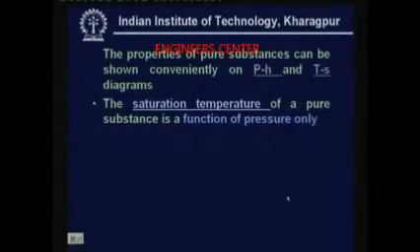The saturation temperature of a pure substance is a function of pressure only. So what do you mean by saturation temperature? Saturation temperature, for example, for a liquid vapor mixture can be defined as the temperature at which the liquid and gaseous phases exist in equilibrium. That means at a given pressure, the temperature at which the liquid and gas phases exist in equilibrium is known as the saturation temperature for the liquid gas phases.